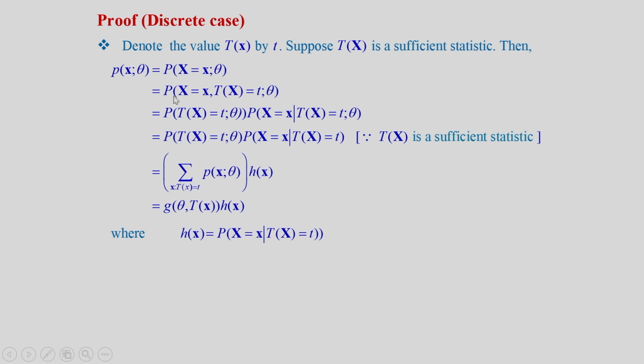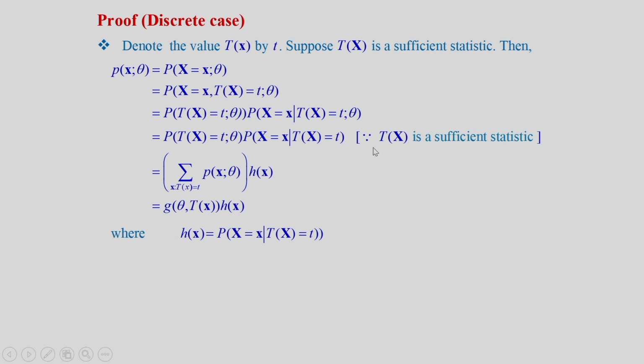Therefore, this probability is same as probability of X is equal to small x and T(X) is equal to t as a function of theta. Now, this I can write as probability of T(X) is equal to t, of course, as a function of theta, and then into conditional probability, probability of X is equal to small x given that T(X) is equal to t, and this will also be a function of theta.